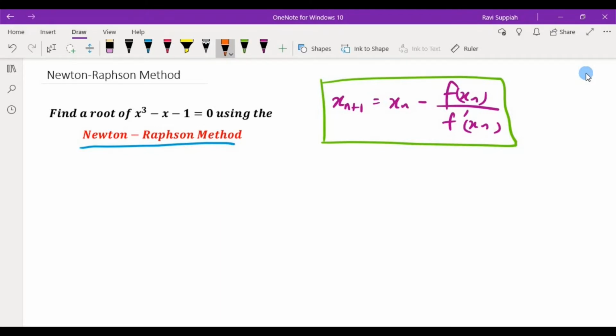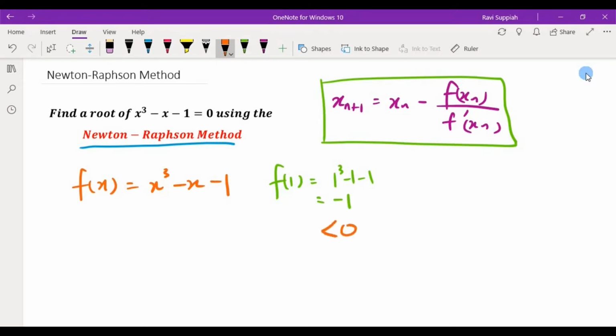Let's take this expression, for example: f(x) is given as x cubed minus x minus 1. If I substitute x equals 1, f(1) is 1 cubed minus 1 minus 1, which is minus 1, and this is less than 0.